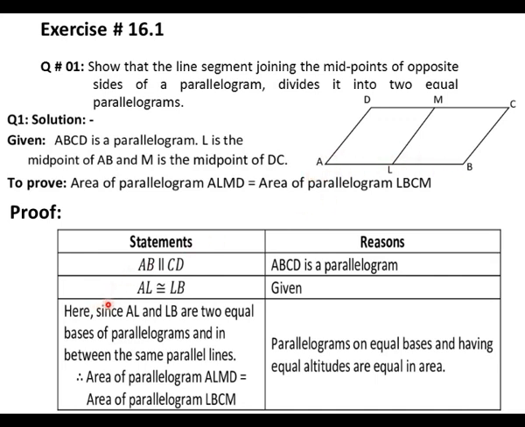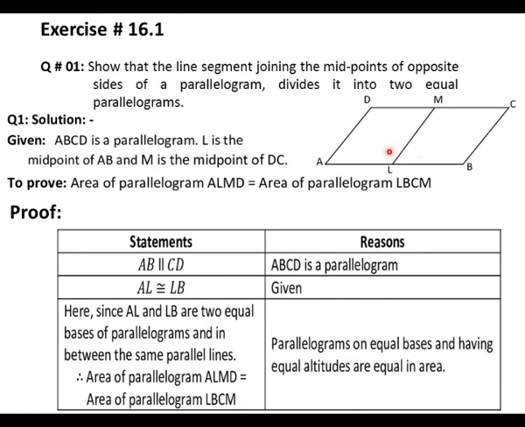Now since AL and LB are two equal bases of the parallelograms, and these both are equal and in between the same parallel lines, the area of parallelogram ALMD, according to theorem 16.1.2, is equal to the area of parallelogram LBCM.